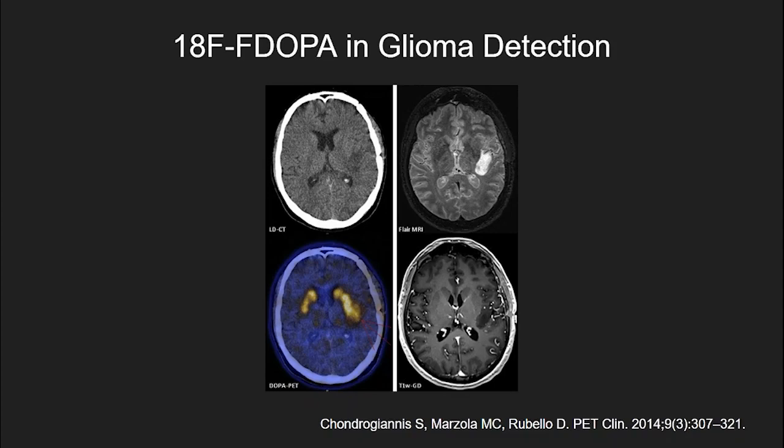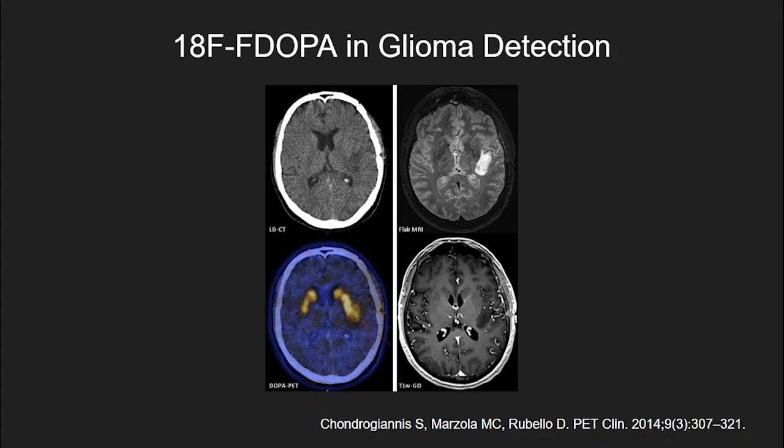It is actually currently FDA approved for Parkinsonism and has a similar uptake to that of I-123 ioflupane, which is used in DAT scan imaging. Off-label, it can also be used to look at brain tumors and look for tumor recurrence.